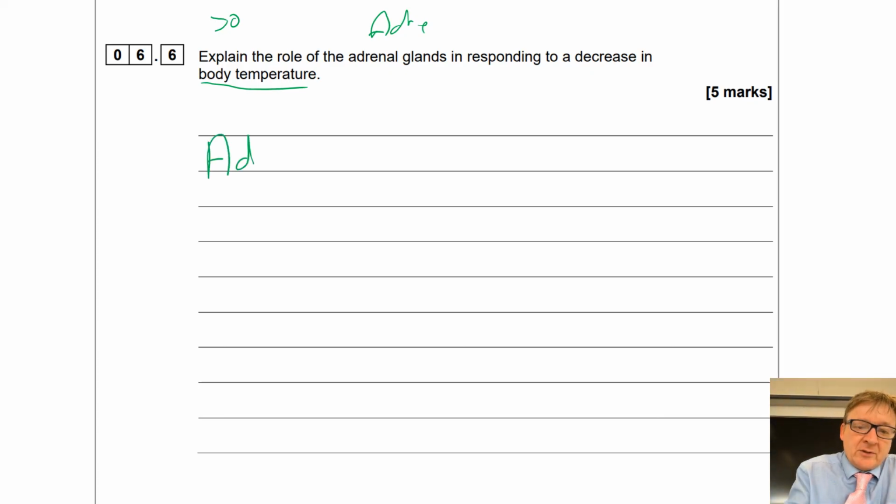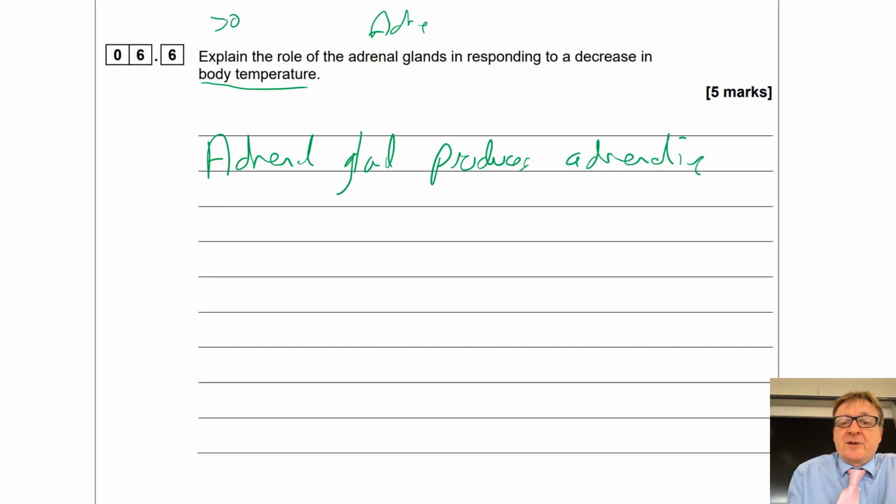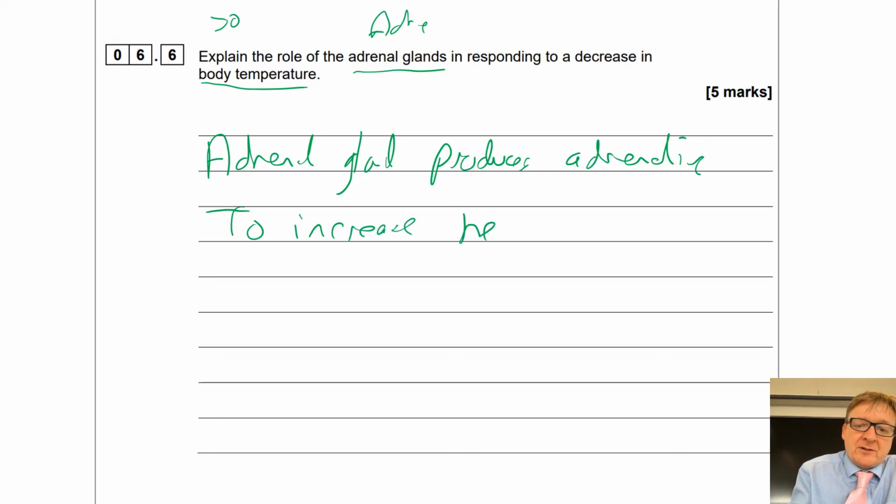Okay, so adrenal gland produces adrenaline. So that's kind of like a bit of a disclaimer. We know that it produces adrenaline. Why does it do that? To increase heart rate.